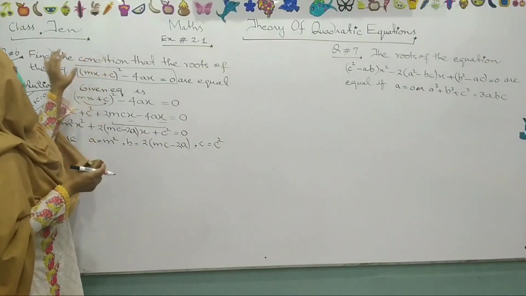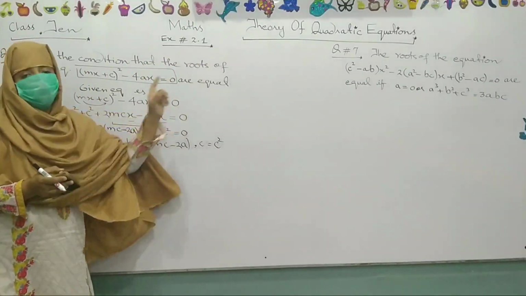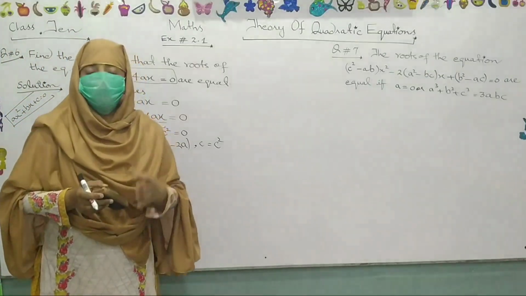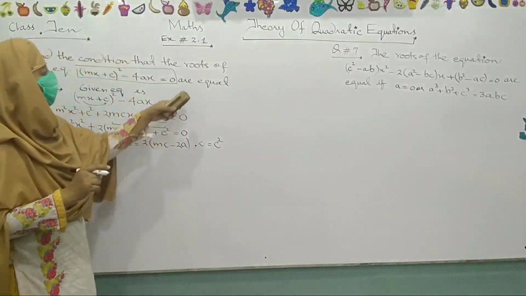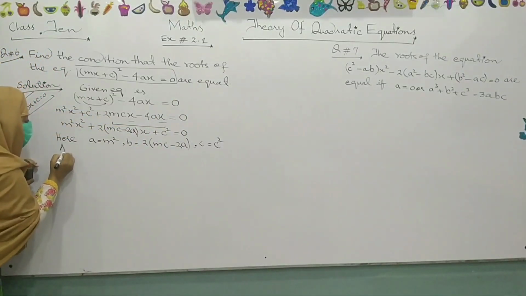And now see here, find the condition that the roots of the equation are equal. We know what the condition is for the equality of two roots. The roots will be equal if and only if the discriminant is equal to 0.